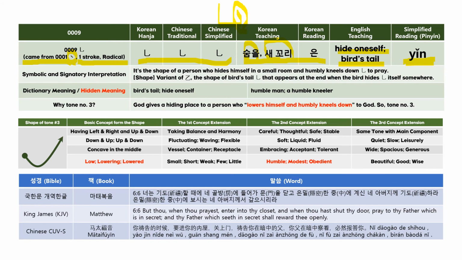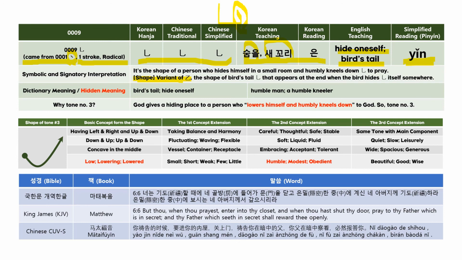If you look at this character to learn through shape, this character is a variant of bird, E. Yeah, you have learned.